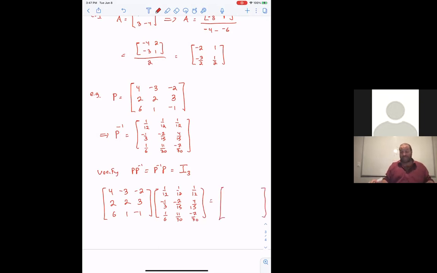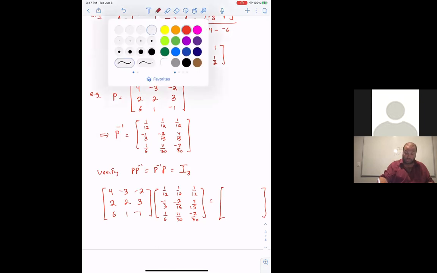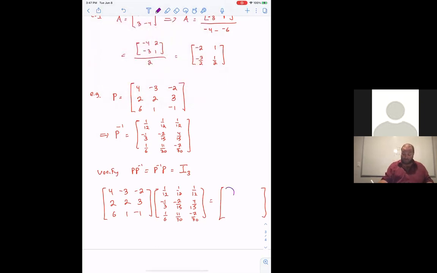So that means we have 9 calculations to make. The first entry is in the first row, first column: 4 times 1/12, that's 4/12 or 1/3, minus 3 times -1/3, so plus 1. And then minus 2 times 1/6, minus 2/6, minus 1/3 is in fact equal to 1.